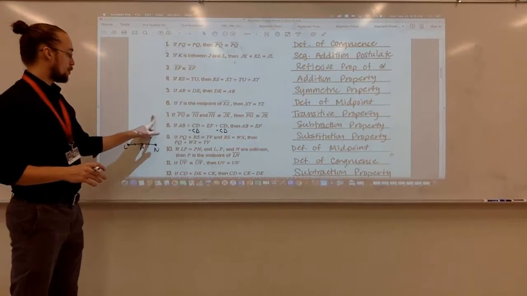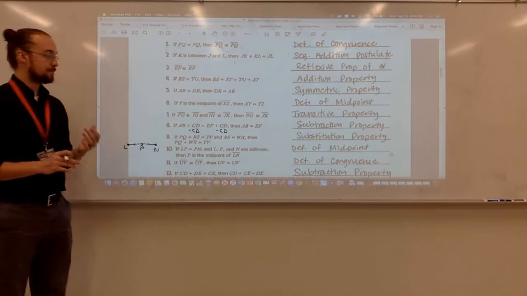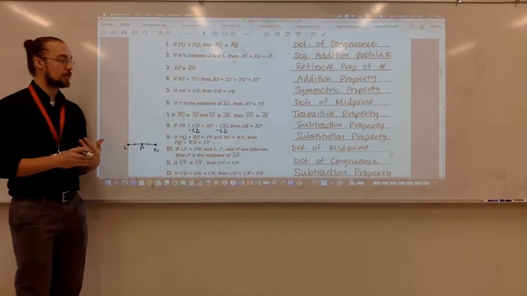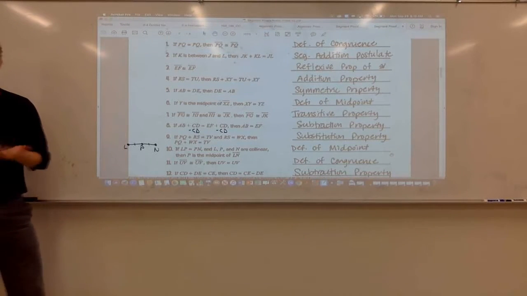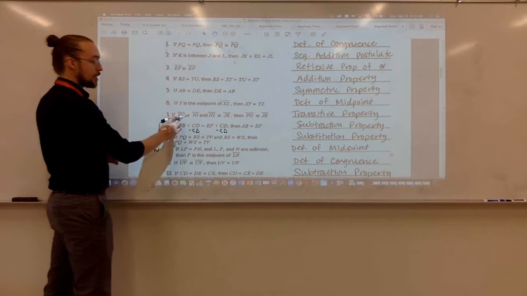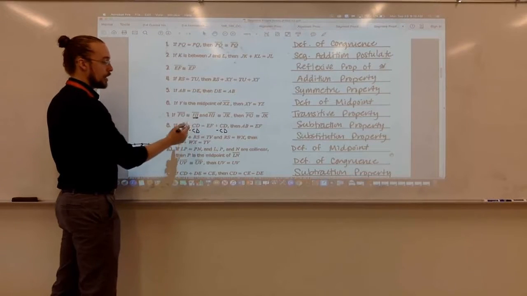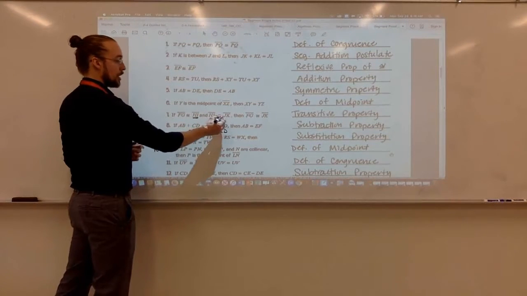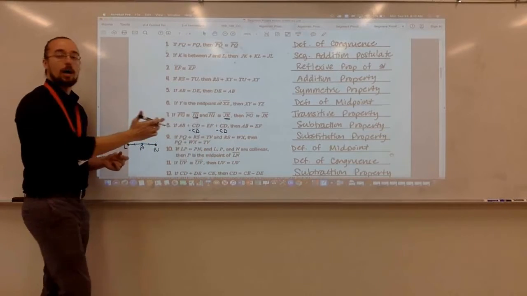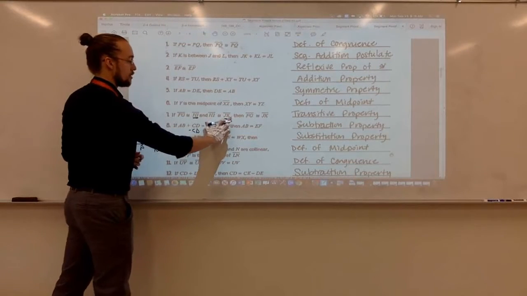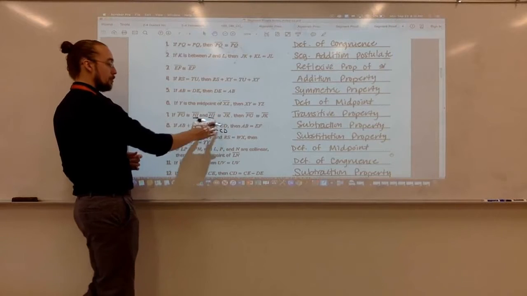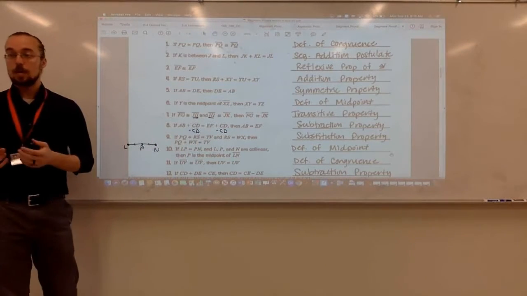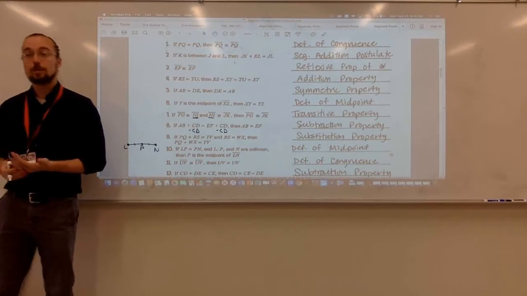Yeah, so transitive property just says if I have two things that are either equal or congruent to the same thing. So on this one, I'm saying that FG is congruent to HI, and then also JK is congruent to HI. They're both congruent to HI, therefore they would be congruent to each other.